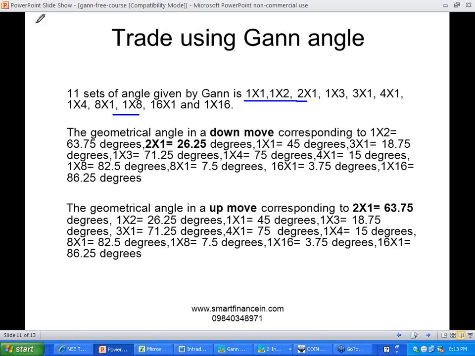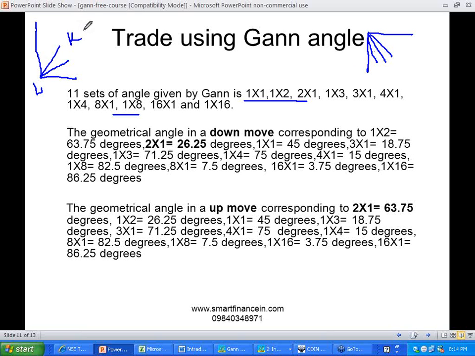W.D. Gann suggested that 11 trend lines can be drawn from the low towards the high, or the same 11 trend lines can be drawn from the high towards the low. Whatever direction you draw the trend line, it will give you resistances and supports.